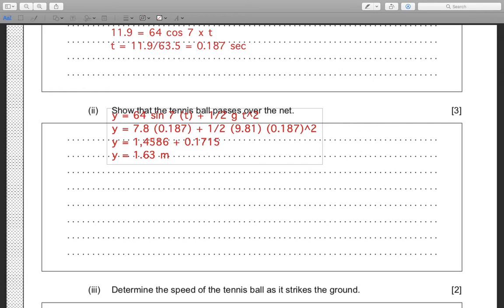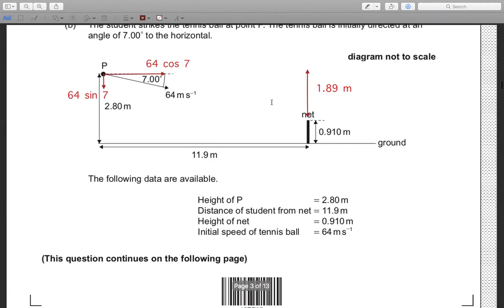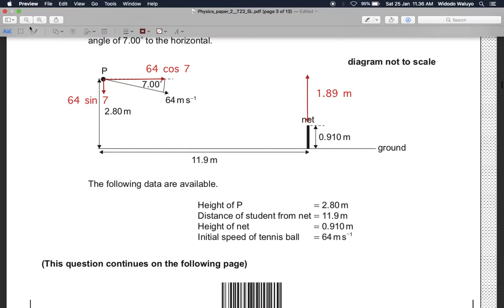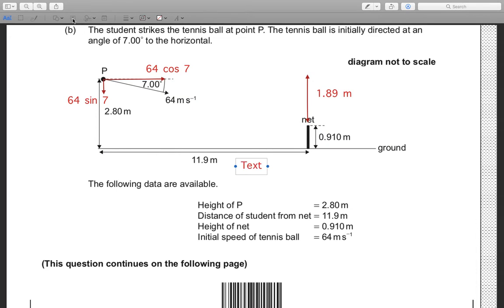So we copy this number, the y direction when the ball is coming down.